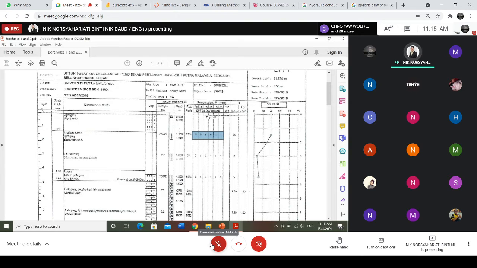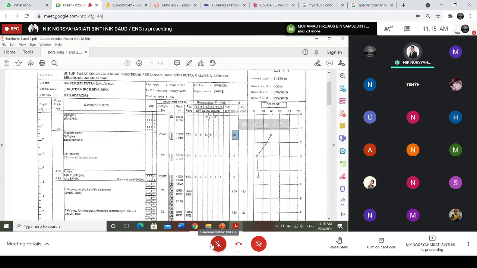Then the sample can be brought to the lab to carry out the necessary lab tests, in order to support the findings based on the N value. So if you notice, the N value is 20.